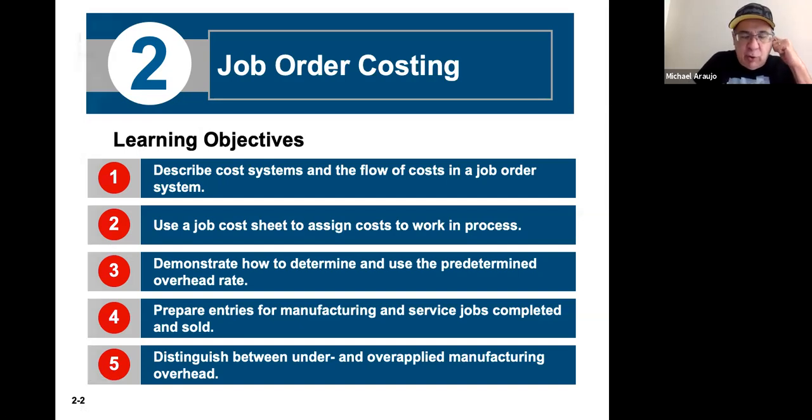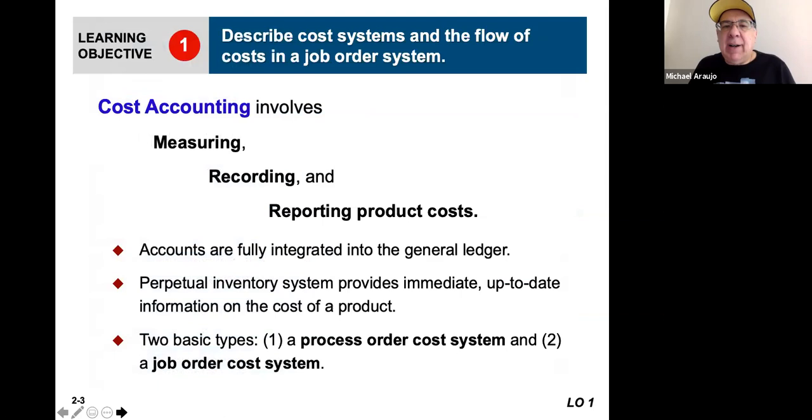Okay, so learning objective 1 tells you a little bit about cost accounting and something called a job order cost system, which you're going to be learning about. The purpose of cost accounting is to make sure, and you know how important costs are, costs end up being reported as expenses on the income statement. If you want to make a profit at a business, you want to keep your expenses as low as possible, so you can absorb more of the revenue as your profit.